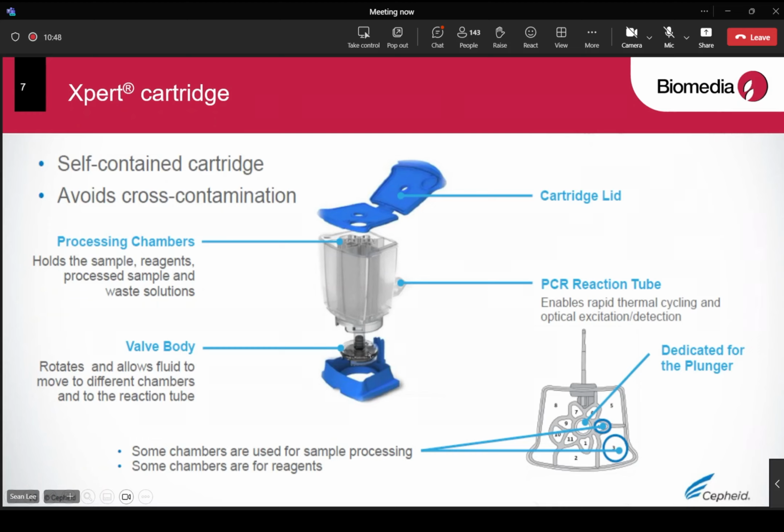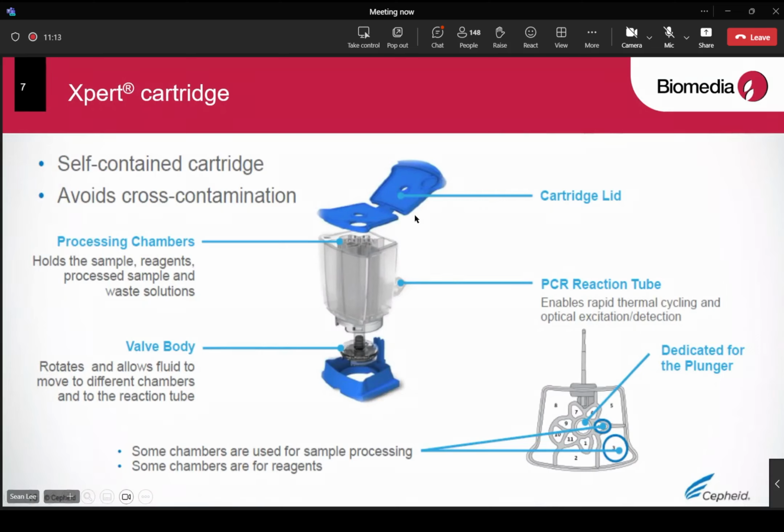All right. Valve body, this thing will be controlled by the machine to rotate the chamber so that the sample can be mixed with lysis buffer, can be mixed with the amplification, the extractions, solutions, and so on. So this will be controlled by the computer, by the software.